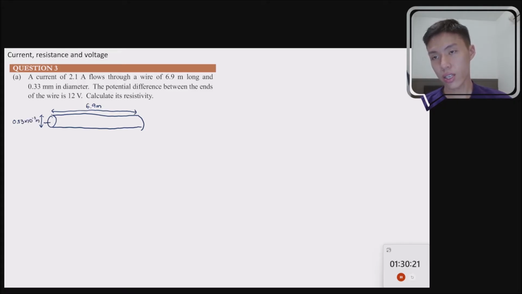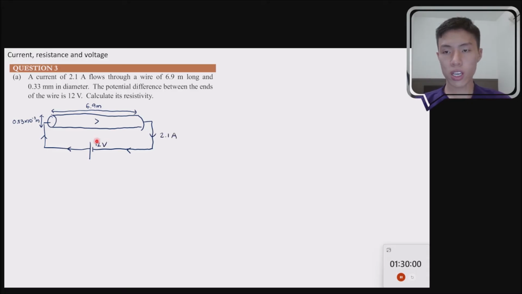You're connecting it to a 12 volt potential difference, and the current flowing through this circuit is 2.1 ampere. If you have your voltage and your current, what you can determine here is the resistance of this particular wire. So that's what we do for now.